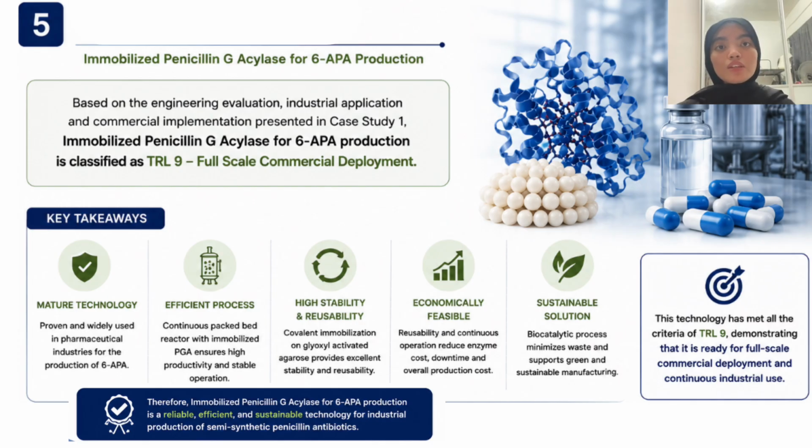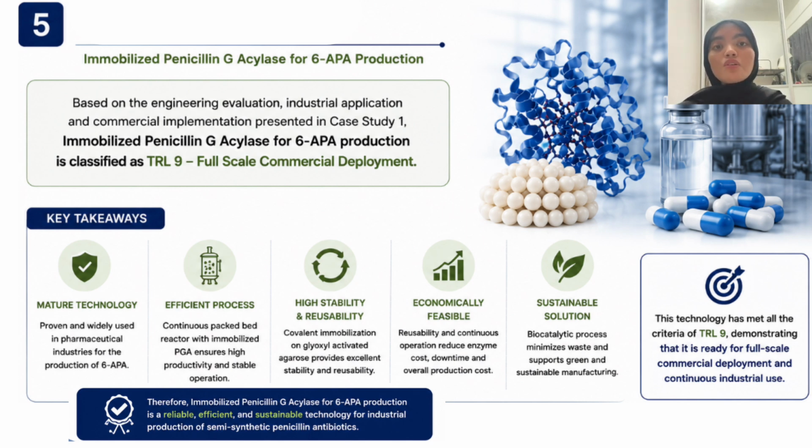In conclusion, immobilized penicillin G acylase is a mature and well-established industrial biocatalyst for the production of 6-APA. The combination of covalent enzyme immobilization and continuous packed bed reactor technology provides excellent operational stability, high productivity, and lower production costs.